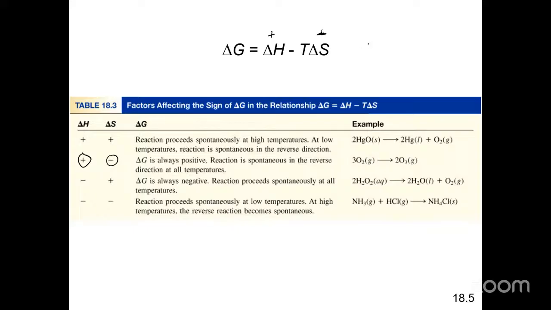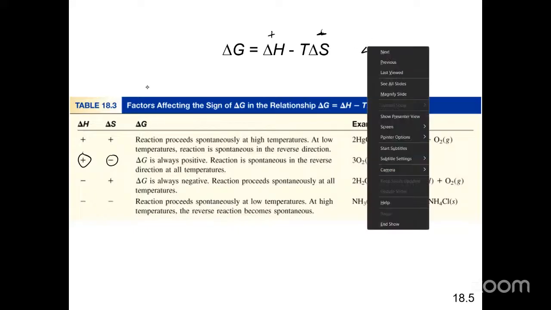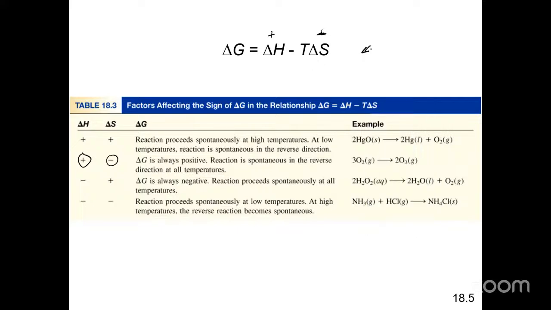Delta H is always going to be greater than T delta S. Because delta S is negative, you're going to end up with negative times negative gives you a positive, plus something which is positive.